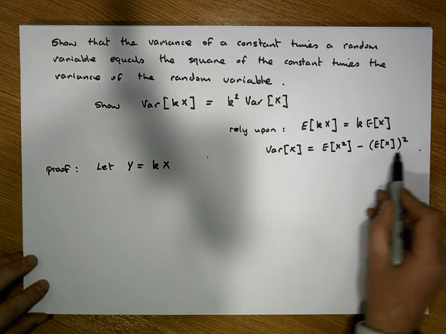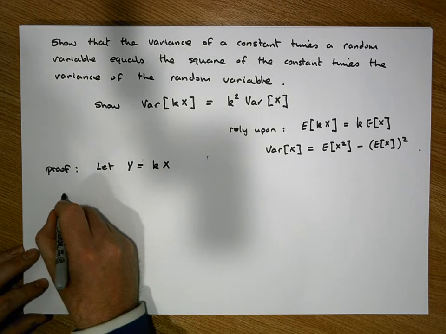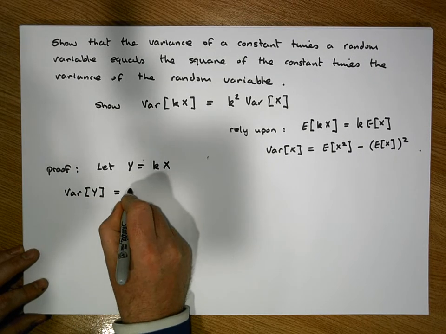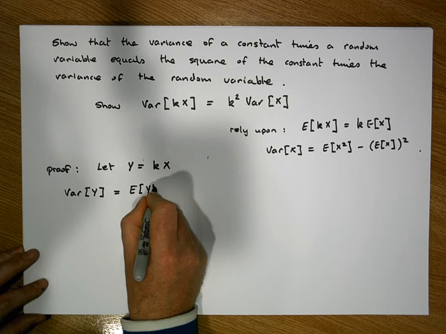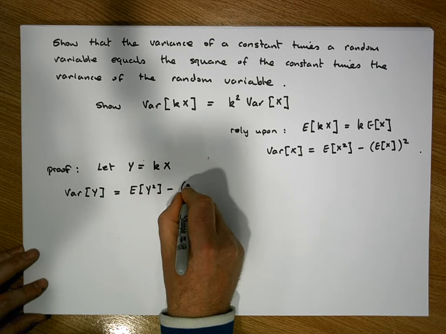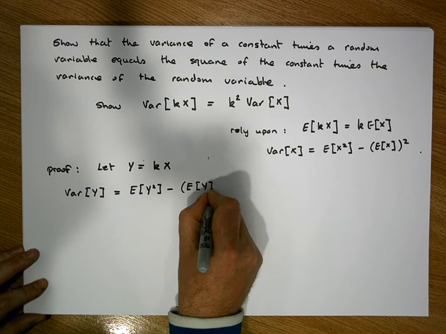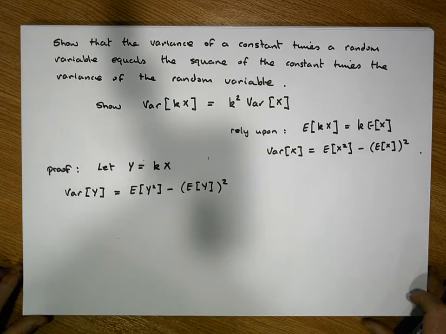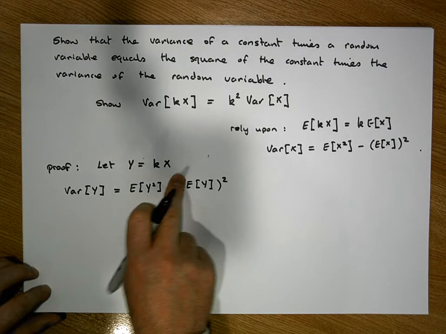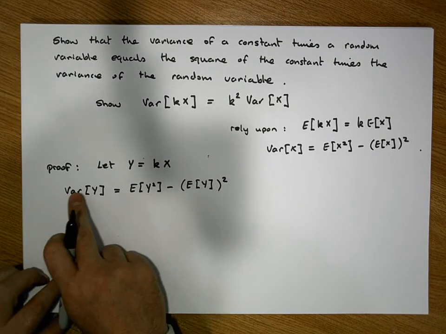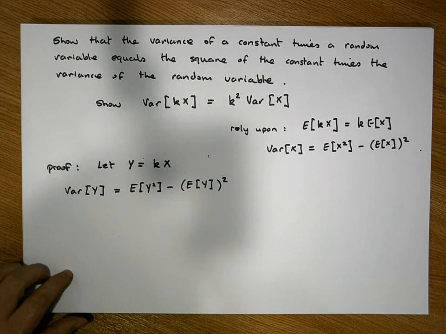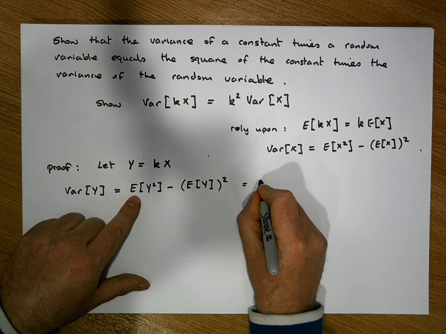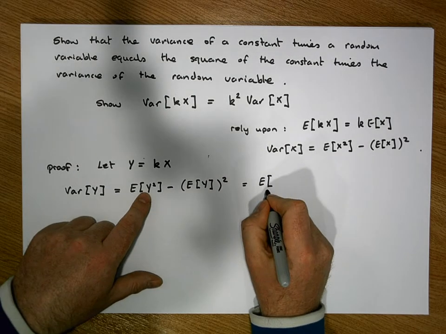And from the second identity here, we now know that the variance of y is the same as the expected value of y squared minus the square of the expected value of y. So we know this fact from this particular identity here. The only reason I did this particular substitution is so that we can actually see k of x being transformed across here. So this is equal to the expected value of the square of k of x.